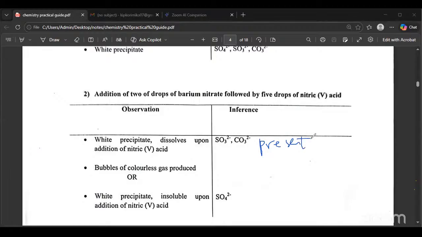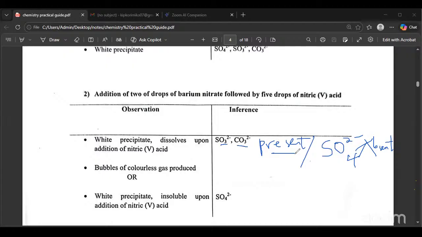And I gave you another way of writing this one. If it dissolves, you can also write sulfate ions absent. If you have rejected the other two, or remember the other two, you can write that if the white precipitate dissolves on addition of nitric acid, you say it is sulfites and carbonates present.